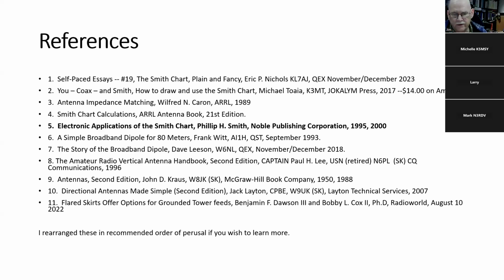Kind of related, and I referenced it more in my first presentation, but I talk about it a little bit here, is the Amateur Radio Vertical Antenna Handbook by Captain Paul H. Lee, U.S. Navy, retired. He's long since silent key. That was the book that got me to stop avoiding vertical antennas.